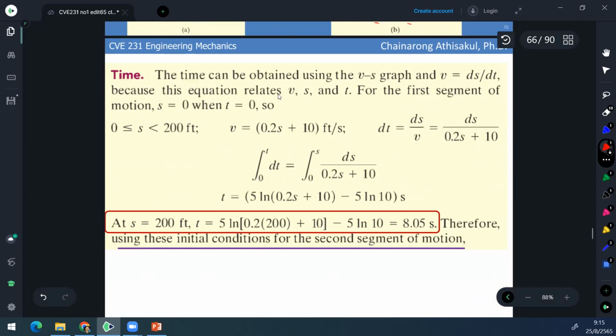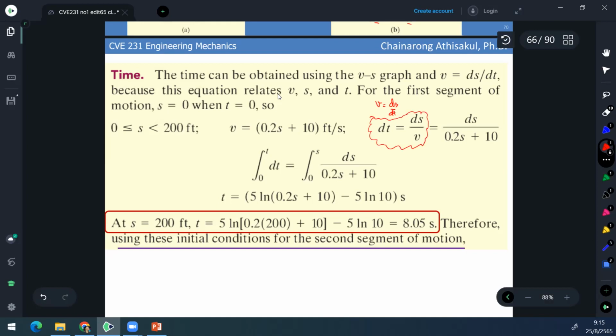Okay, so let's take a look at the time. If we would like to determine time, we have to use the relationship v equal to ds by dt. According to this equation, we can rearrange it mathematically to be this.